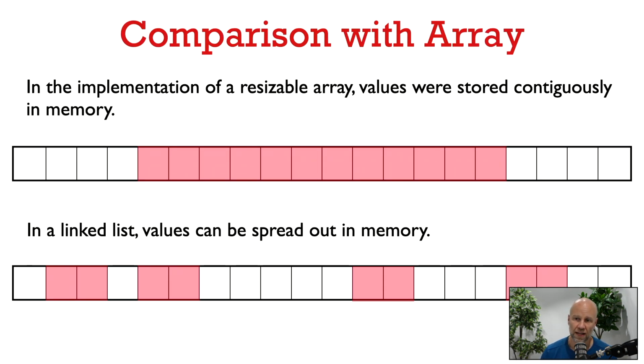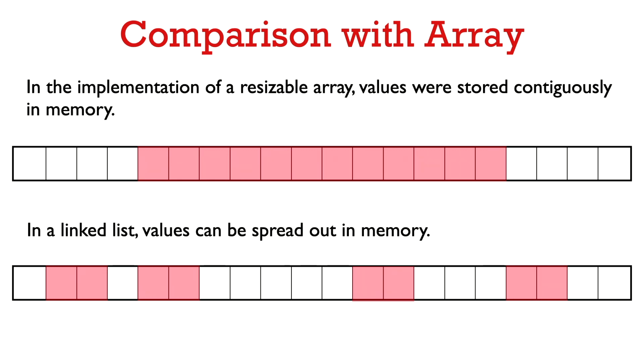Okay, so remember that in our implementation of a resizable array, values were stored contiguously in memory. In the implementation of a linked list, this is not necessarily the case. Values can be spread out in memory. So this immediately solves the hassle we had in a resizable array of allocating a new array when our current one got full and copying all the elements over.